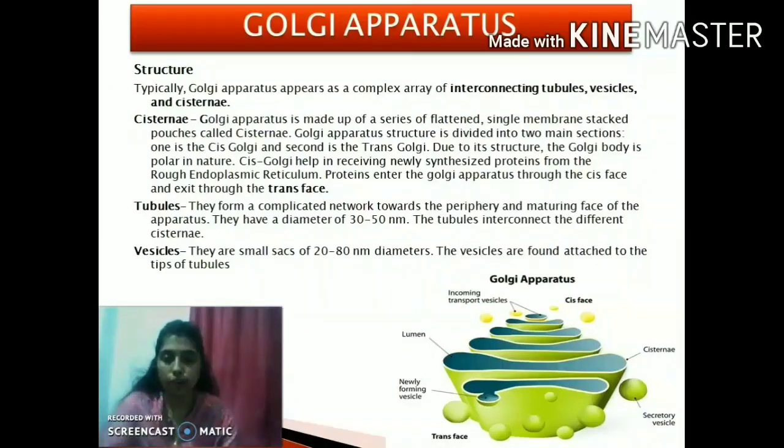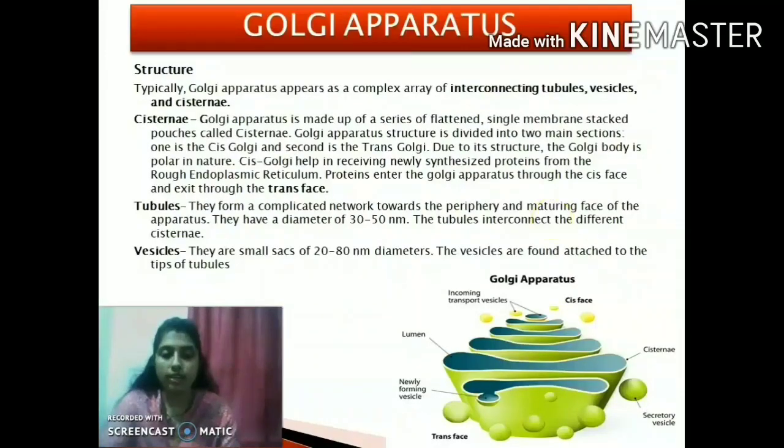So here is the structure of the Golgi apparatus, which typically consists of some interconnecting parts named tubules, vesicles, and cisternae, just like the parts we have seen in the case of the endoplasmic reticulum. Here in the case of the Golgi apparatus also, it consists of three main parts: cisternae, tubules, and vesicles, which are interconnected with each other.